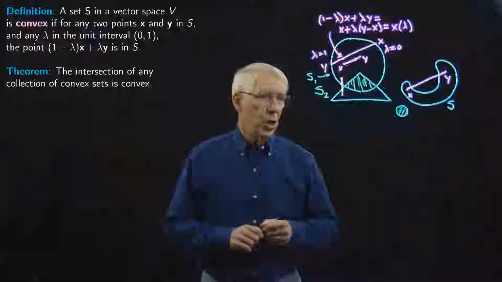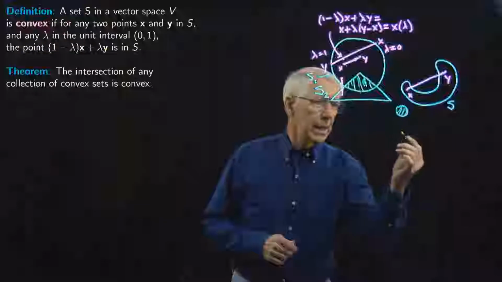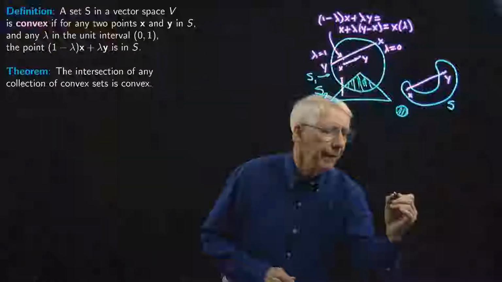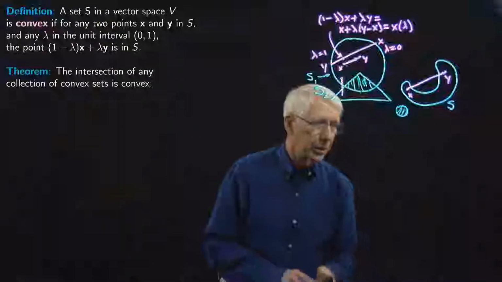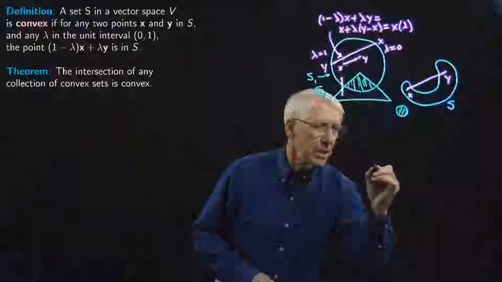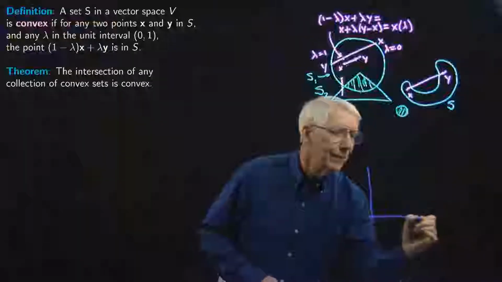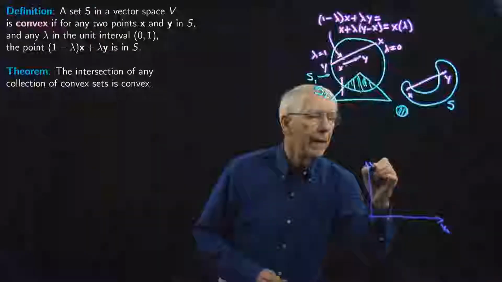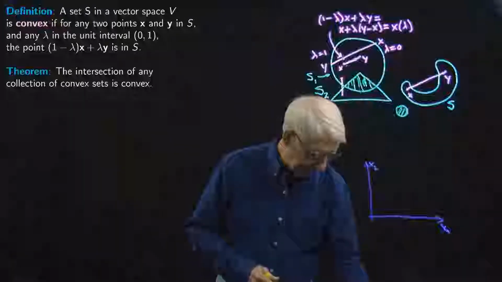And so let's do the following. Let's put a diagram down here, and let me use a different color here for the axes. X1, X2, and let's suppose that this is a kind of a commodity space.